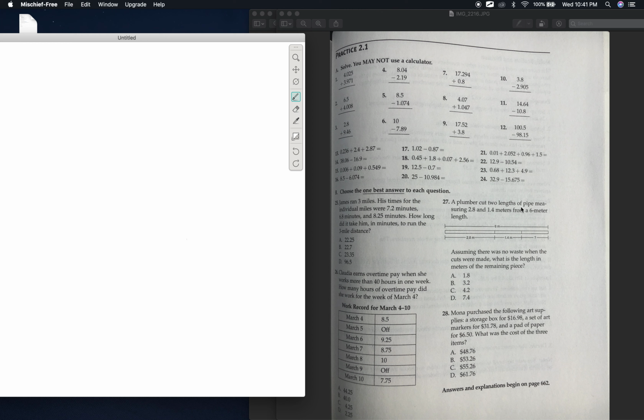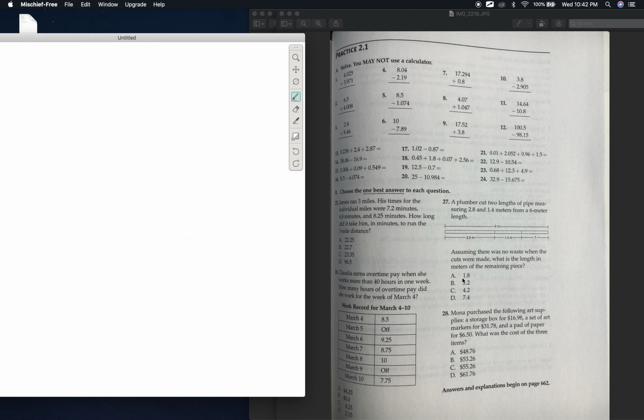Okay, so a plumber cuts 2 lengths of pipe measuring 2.8 and 1.4 meters from a 6-meter length. Okay, so we know the total. Assuming there was no waste when the cuts were made, what is the length in meters of the remaining piece?